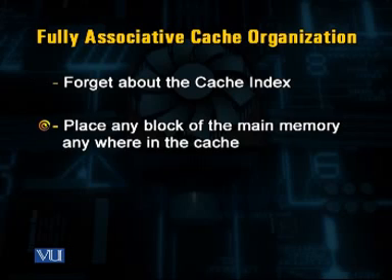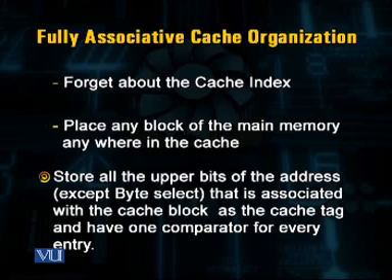Here we don't even have to use any address bit as the cache index. We just store all the upper bits of the address, except the byte select bits, with the cache block as the cache tag, and have one comparator for every entry.